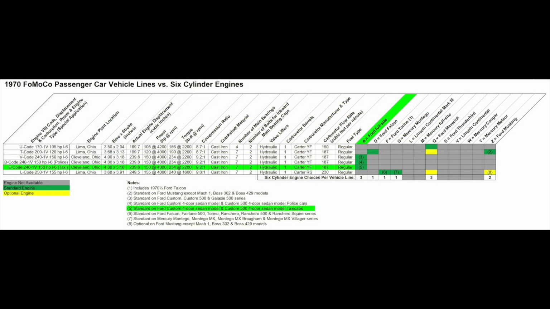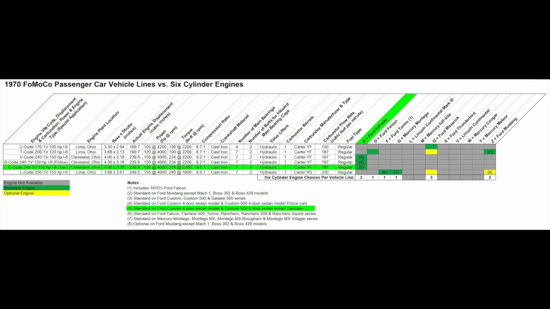The E-code 241 barrel inline-six taxi engine is presented as the 5th line in the 6-cylinder engines table I created.